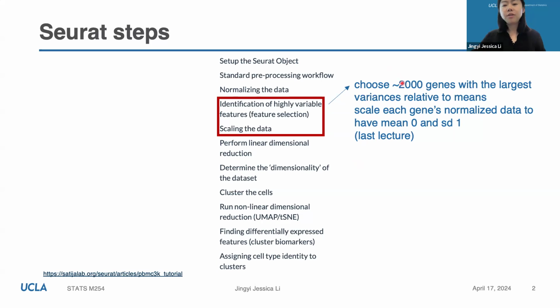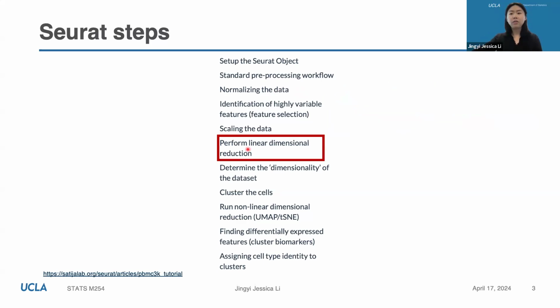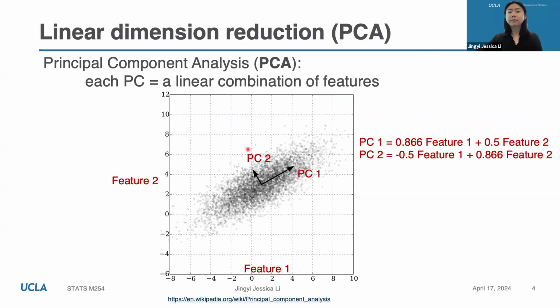So once we have chosen those genes, then we go back to the normalized data in the previous step and use those data for each gene to do z-score calculation, basically. We standardize each gene's normalized values to have mean 0, standard deviation 1. So these 2,000 genes that you keep will have the same scale, same standard deviation of 1, before we go to linear dimension reduction. Okay, so that's where we are today.